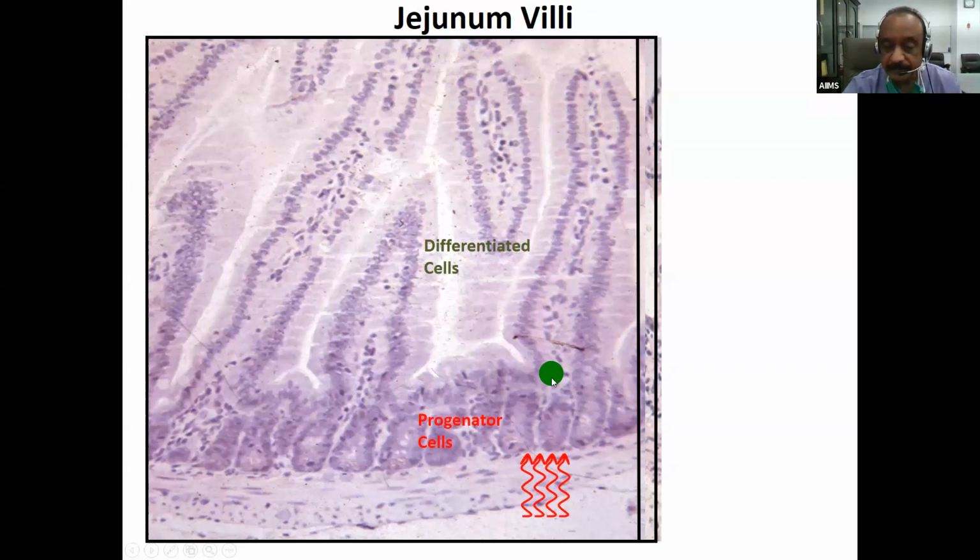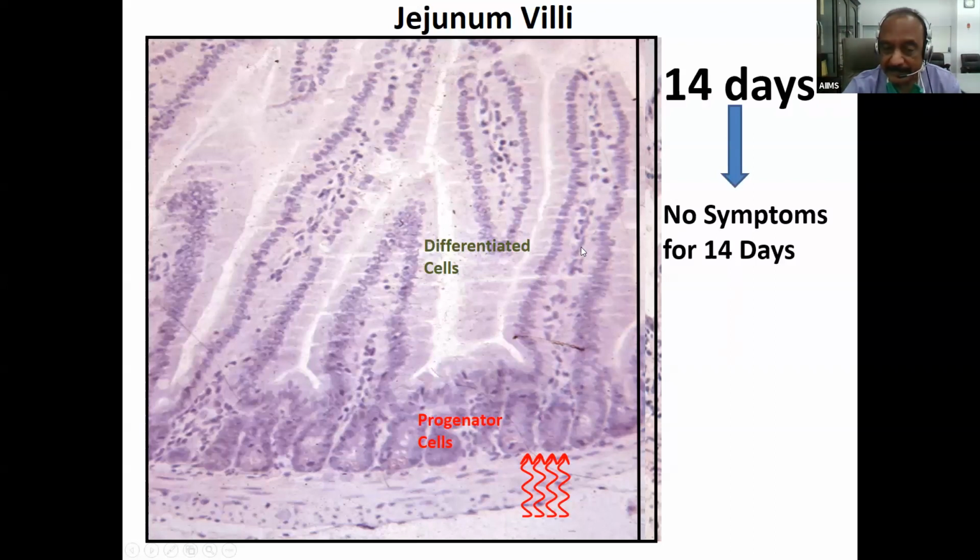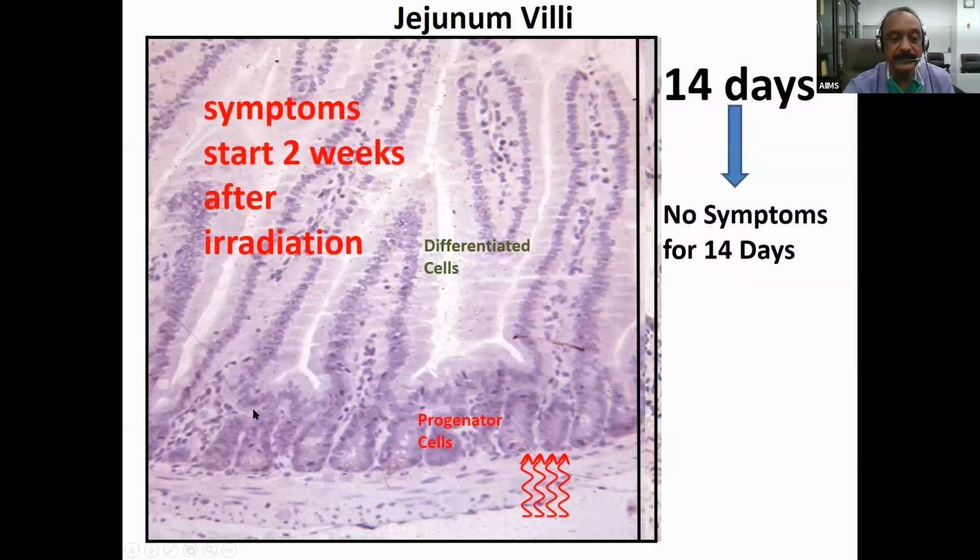And we know that the total lifespan of a differentiated cell is 14 days. So up to 14 days, there will not be any radiation symptoms. Once all the cells which were produced before the irradiation are consumed by villi, the clinical manifestation will appear in the form of diarrhea. So we can say that latency is 14 days in case of jejunum.